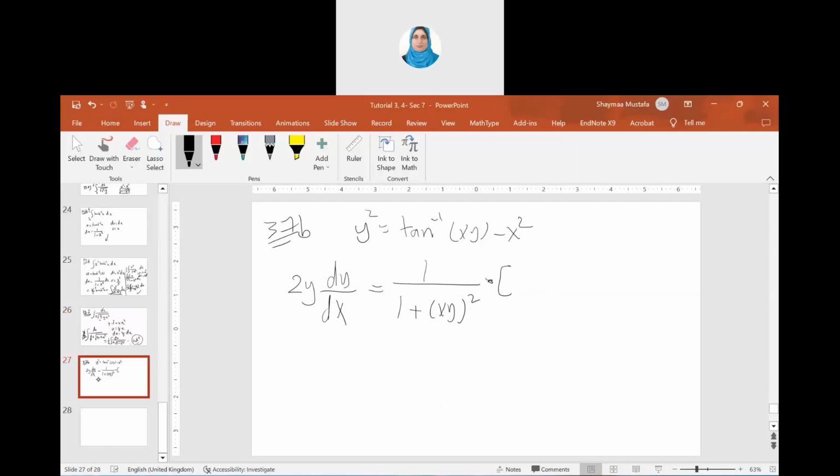First I will derive x and keep y. The derivative of x is 1, so you have y plus, now keep x, the derivative of y is dy over dx, minus 2x. Now try to simplify and bring this to one side. This is for 37b.